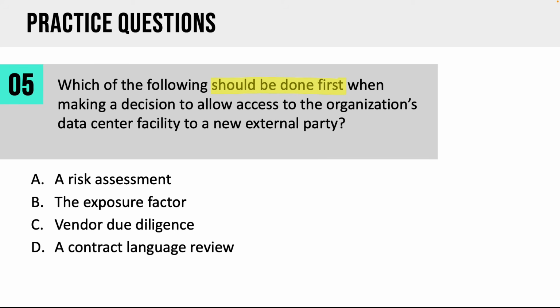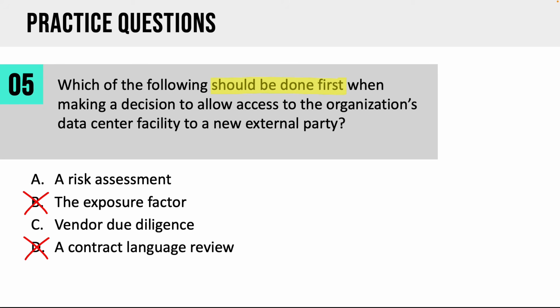So there are two we can knock off right away. So a contract language review, that's going to come further on in the process where we're digging into the details of the agreement. So at that point, we've already done some vendor due diligence for sure. And the exposure factor. So exposure factor is a phrase you'd hear when we're talking about risk assessment, where we're dealing with a specific asset threat pair.